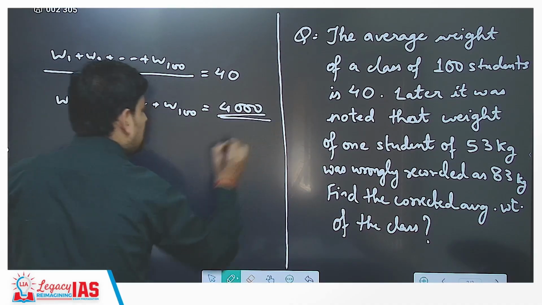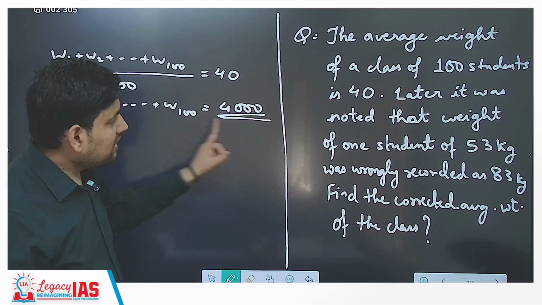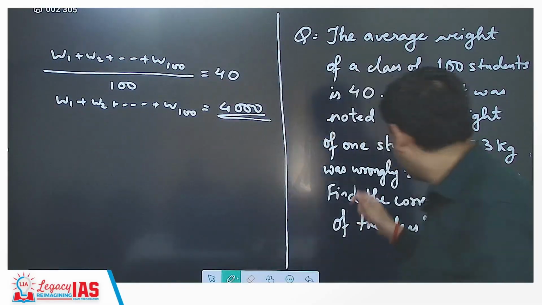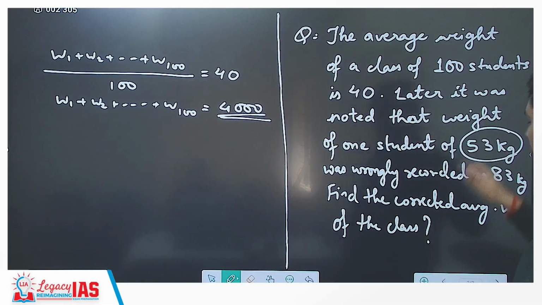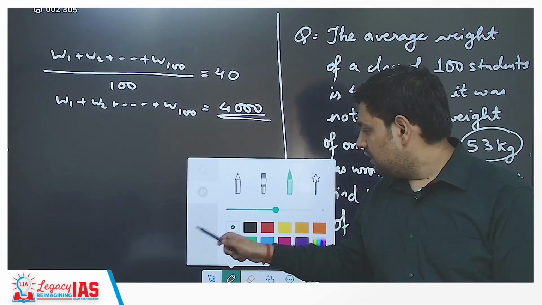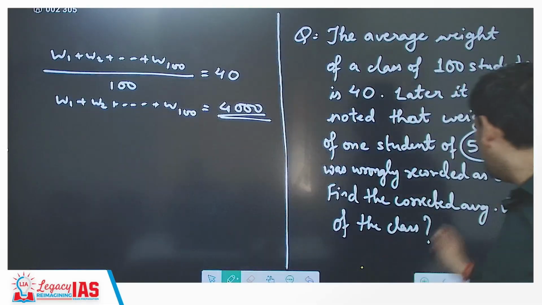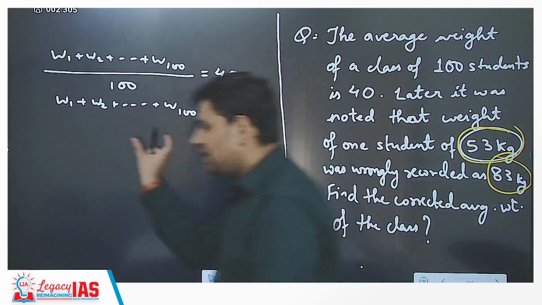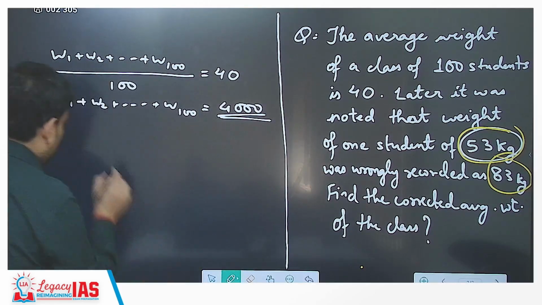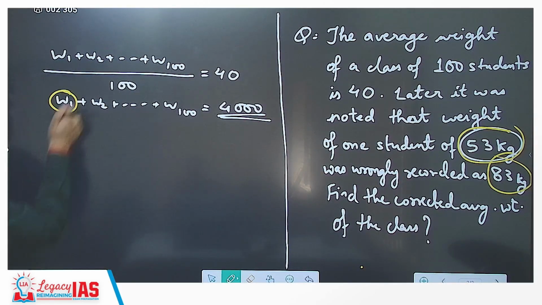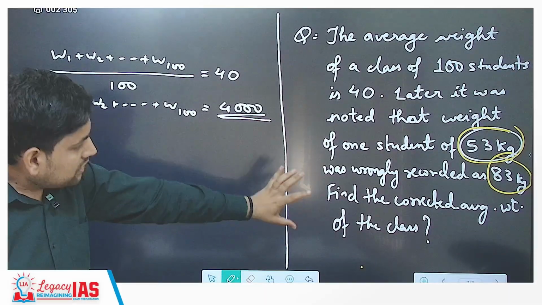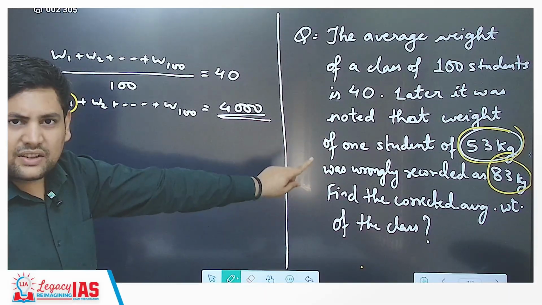Now you got this. This is the sum that was recorded, but it was found out that one of the students was actually weighing 53 kg, but it was recorded as 83. So that change you will have to make. Let's say that one student is this w1 only. So w1's weight was recorded as 83, while his correct weight is 53.